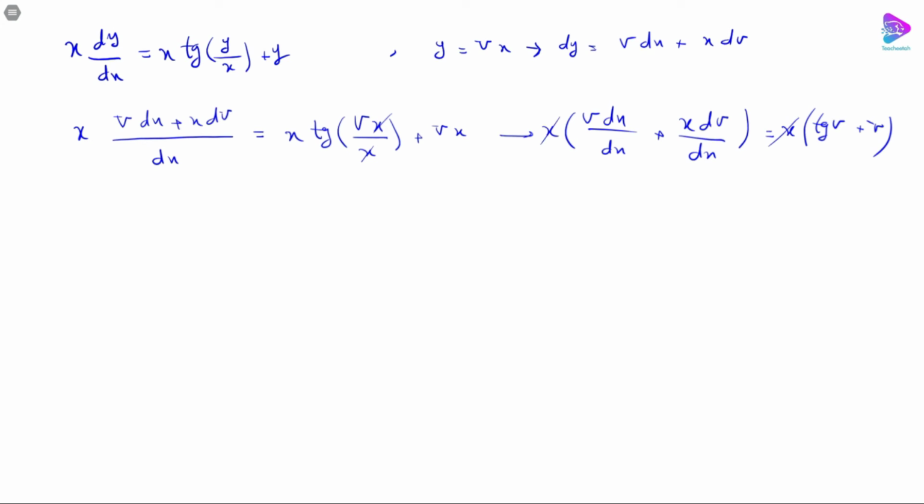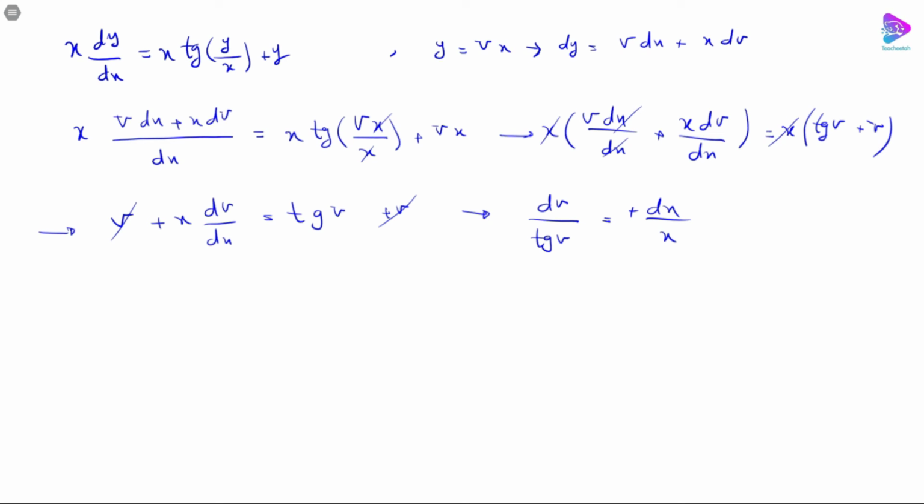So I can cancel out x over here, but I'm gonna end up with v plus x dv over dx is equal to tan v plus v, and therefore I'm gonna have dv over tan v equal dx over x.